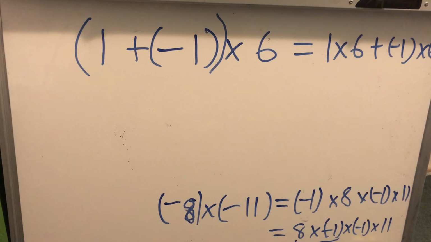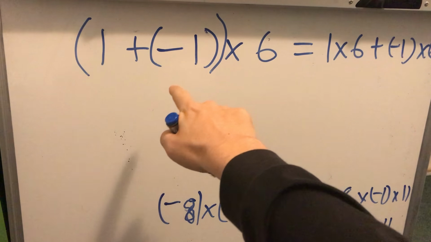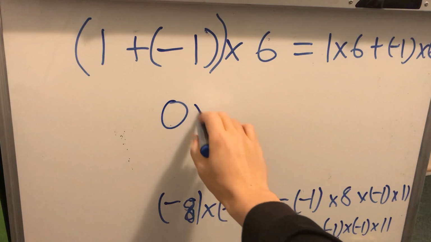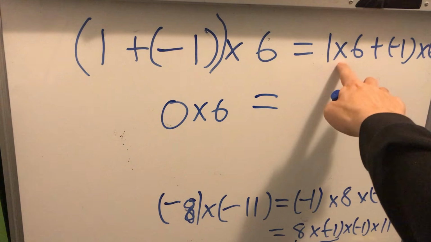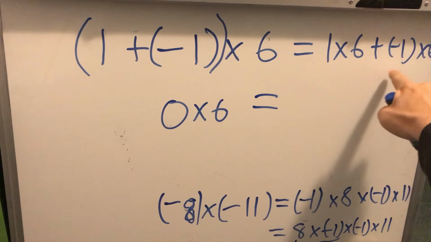See, because what this left-hand side is, it's 1 plus -1 times 6. So that's 0 times 6, which is 0. And the right-hand side is 1 times 6 plus -1 times 6.